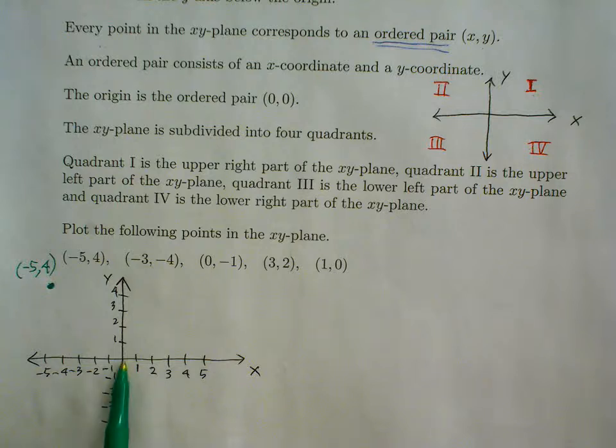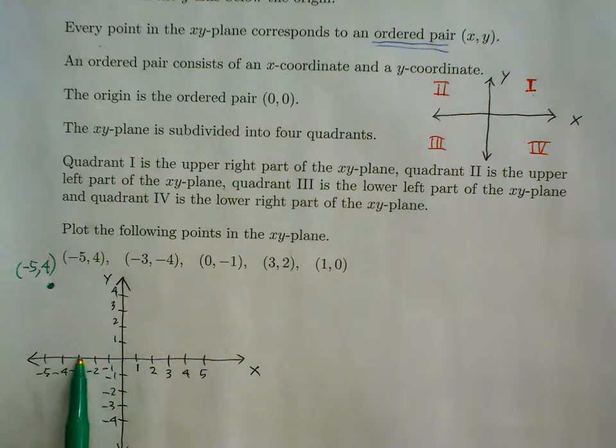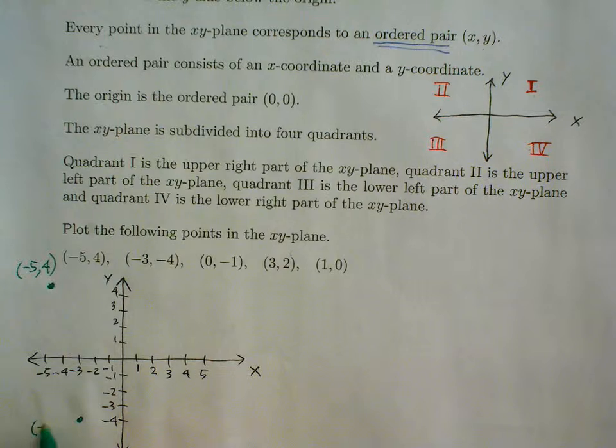So we start at the origin, -3 for x, move to the left along the x-axis to -3. -4 for y means we move downward or in the negative direction. And we'll label this point -3, -4.